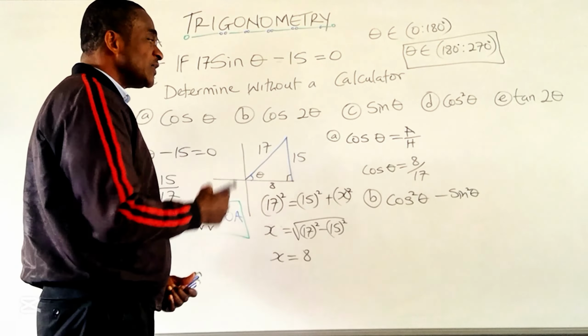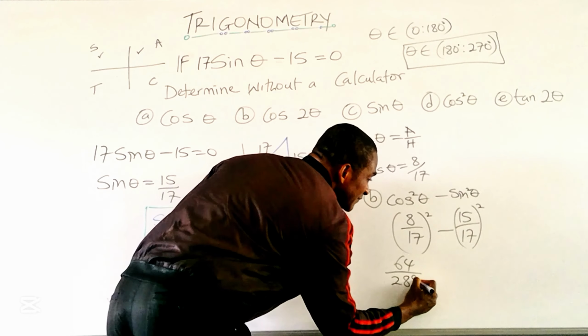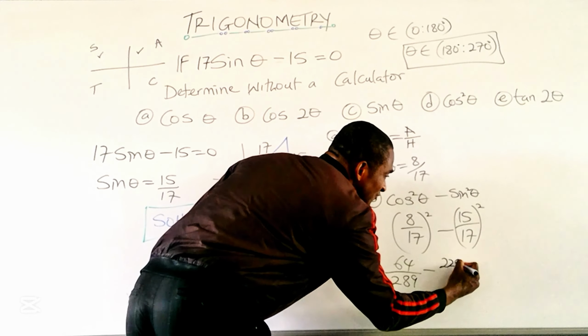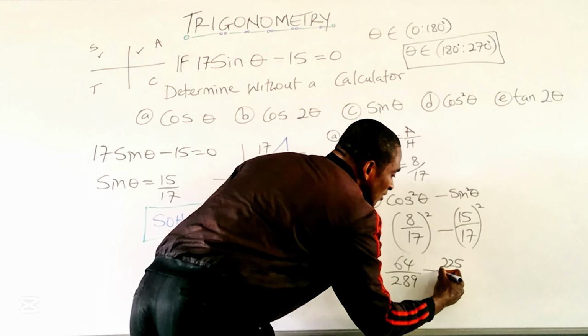Now, cos squared theta means this is our cos squared. Cos theta is 8 over 17, all squared, minus our sin theta, which is 15 over 17, all squared. So we have 64 over 289 minus 225 over 289.